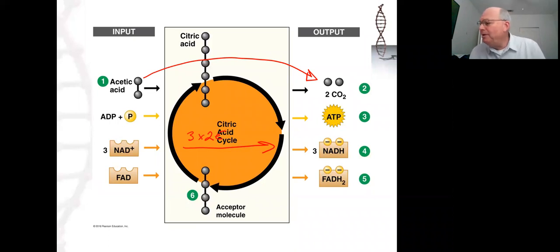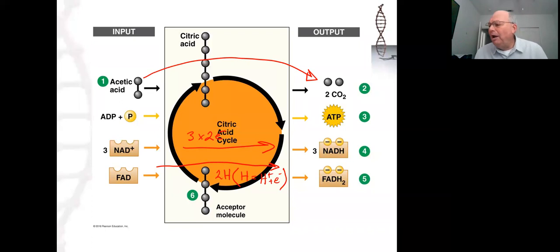Then we have another step that also results in the capturing of electrons, but in this case, it's 2 hydrogens, but remember, an H equals H plus and an e minus.